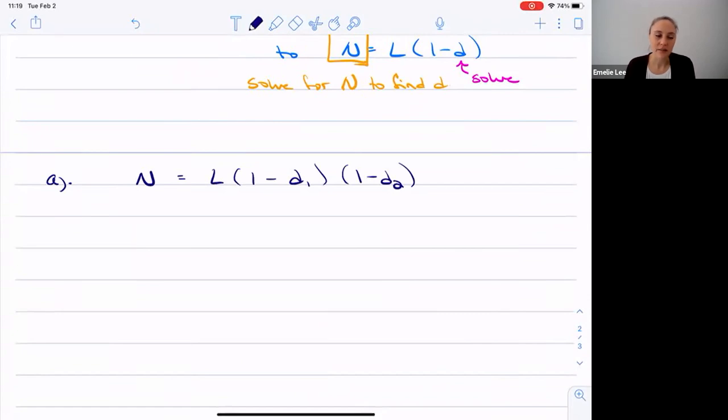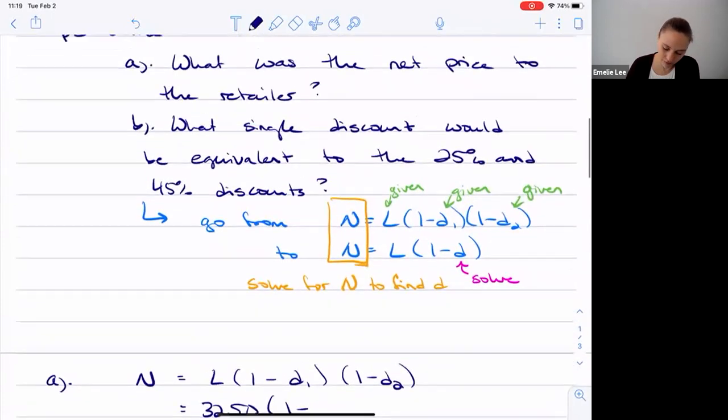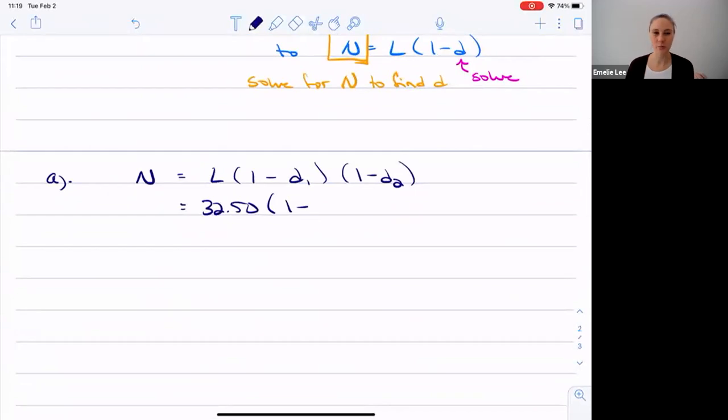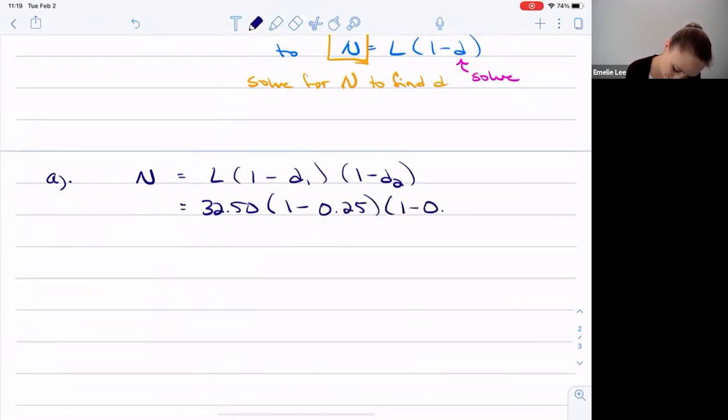I need to find the net price. The list price is $32.50 times (1 minus the first discount, which was 25%). Remember, we have to use proportions, right? We have to use the decimal version. So 1 minus 0.25 times 1 minus 0.45, right? Discount 1, discount 2, is going to be equal to n.